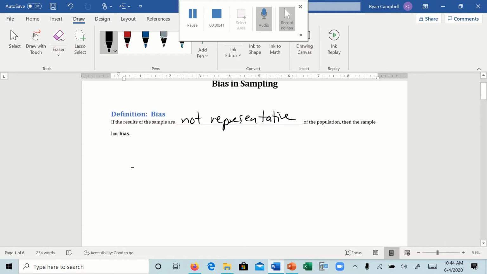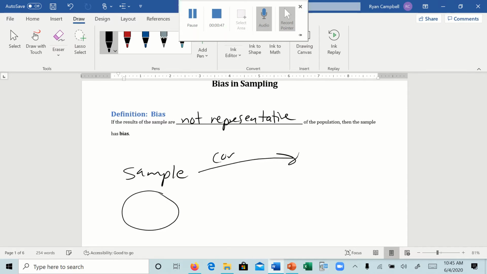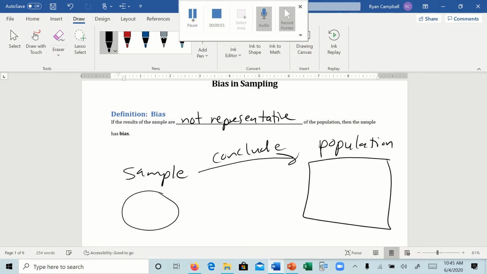Because remember, the whole point of statistics is to take a little sample and to make conclusions from that sample based off the population. So we need our sample to look like a mini version of the population, right? If we have too many of one type of person, it's not going to be as well represented as it should be.